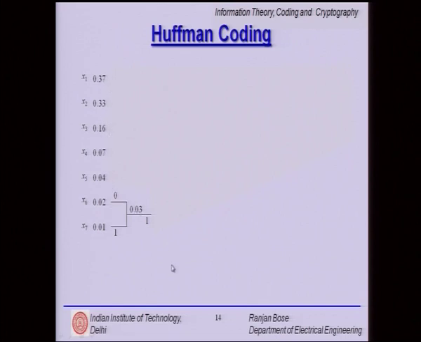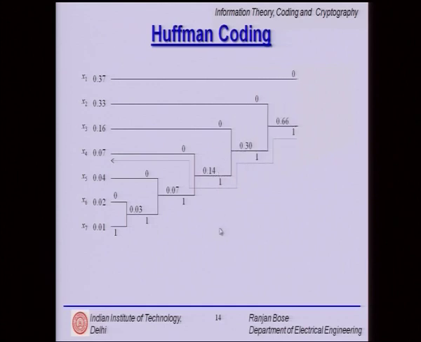Now we continue this process. We combine this 0.03 with 0.04, it adds up to 0.07, and then 0.07 is combined with the other 0.07 and so on. I keep adding them up and I form this structure.